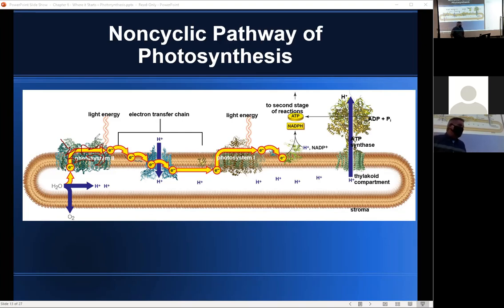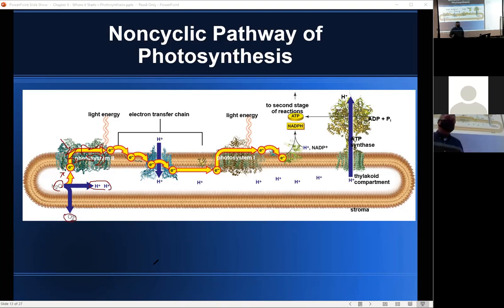H2O, very good. So down here, what P680 is going to do is split a molecule of water into 2 electrons. Those 2 electrons are going to replace those 2 that were lost when 2 electrons entered a higher energy state. It's going to break it down into 2 hydrogens and 1/2 of an O2 molecule.